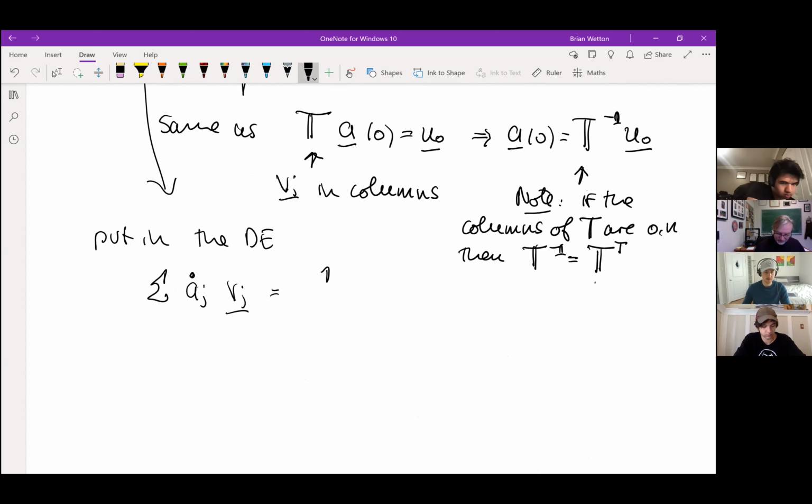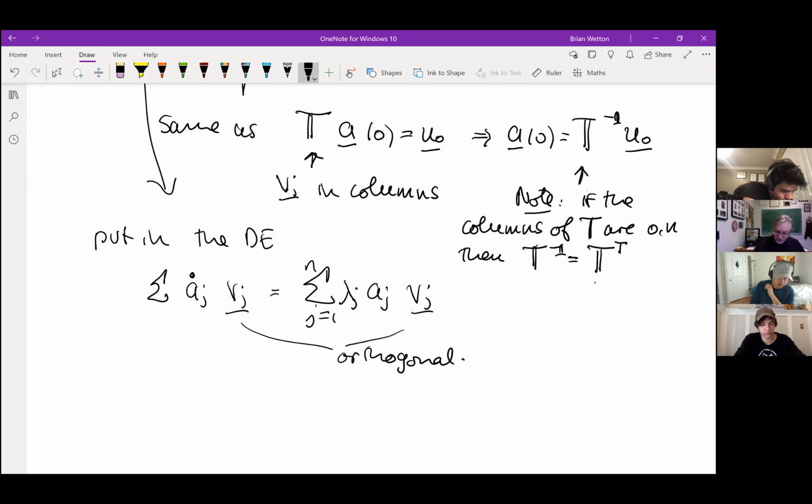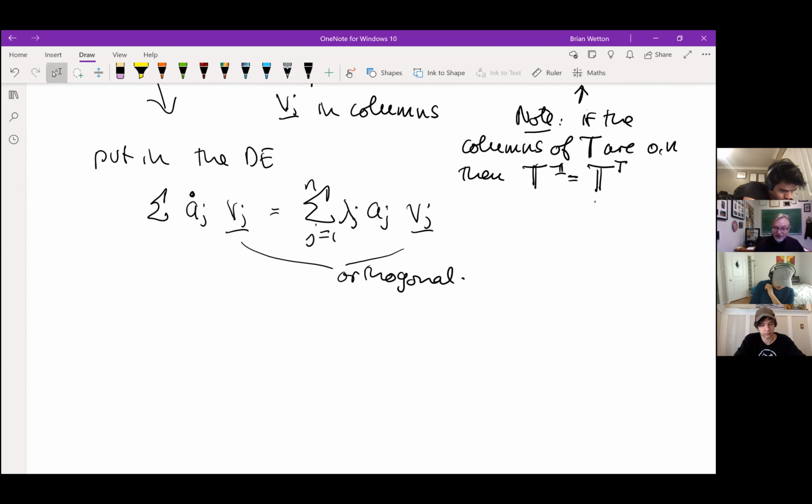And over here, I'm taking the sum of the same things, but I'm multiplying by A, and these are eigenvectors, and so I just multiply by a scalar lambda j, right? And these are orthogonal. So if the two sides are going to be equal, then the coefficients have to be equal. So that says Aj dot is lambda j times Aj.